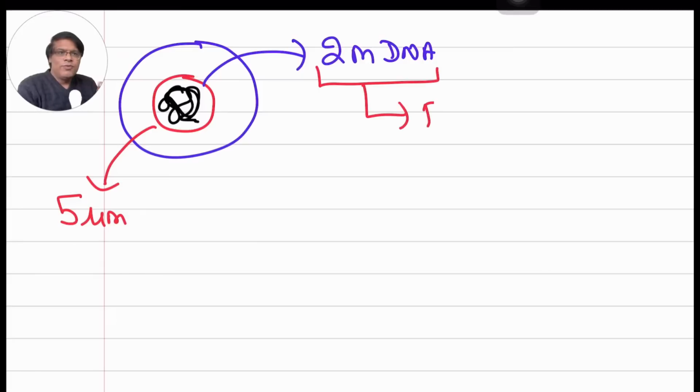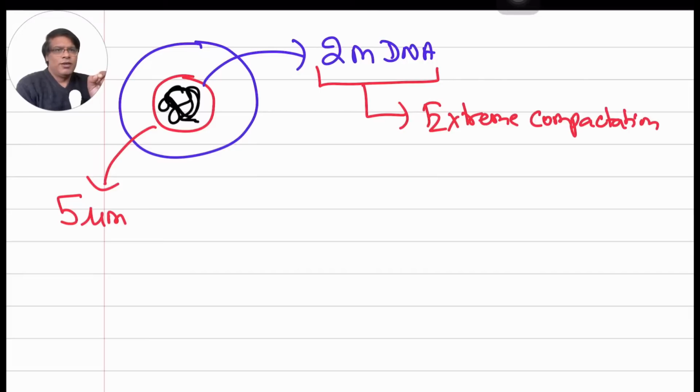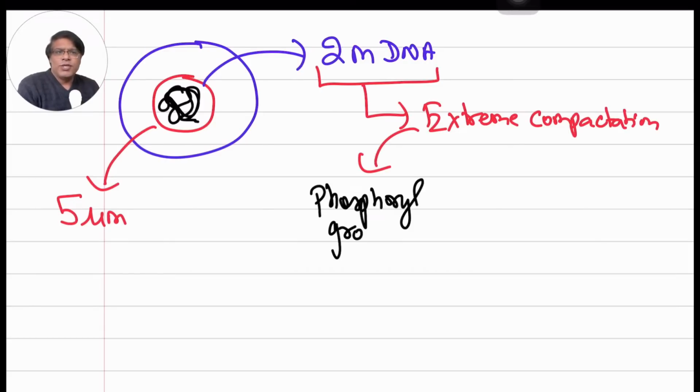Now here, if you see, you are going to have extreme compactation of DNA. So you see the length of DNA is 2 meter. The space is 5 micrometer, 5 into 10 to power minus 6 meter. So within a narrow space, 2 meter DNA has been packed. So here, you are going to see extreme compactation of DNA.